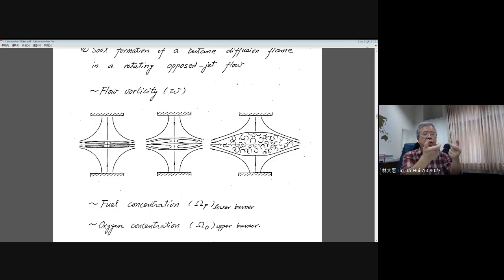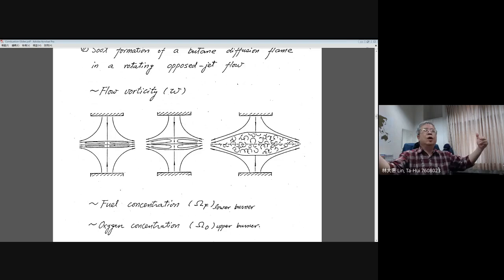Okay, let's look at when you have a stagnation plane like this here, and the flow moving like this way. When you have rotation, the radial velocity along the stagnation plane originally may have this large velocity, but with the increasing of flow vorticity, omega, the rotation speed, the velocity will be reduced to the minimum.